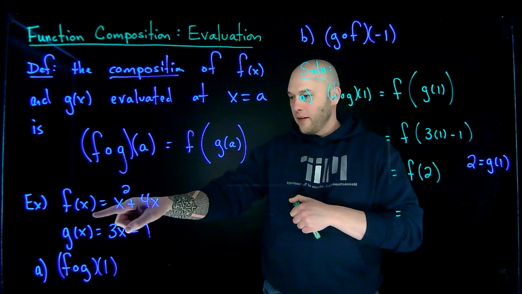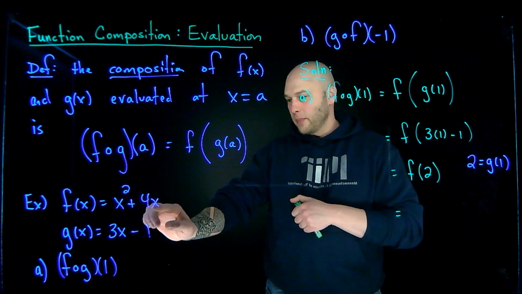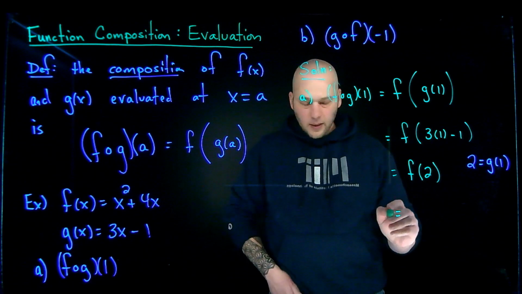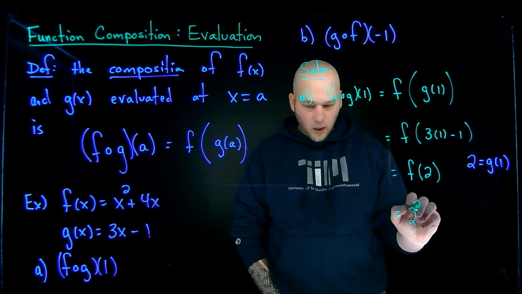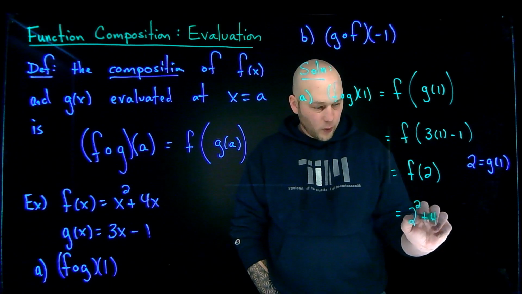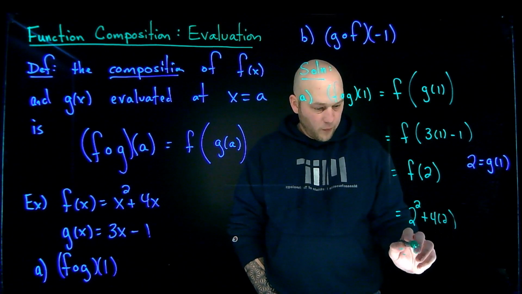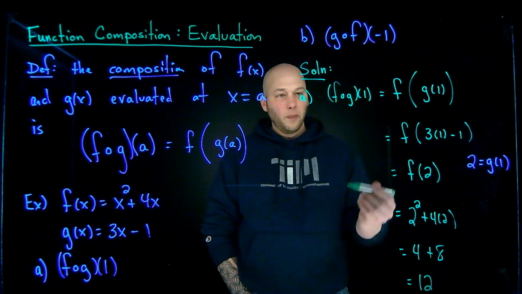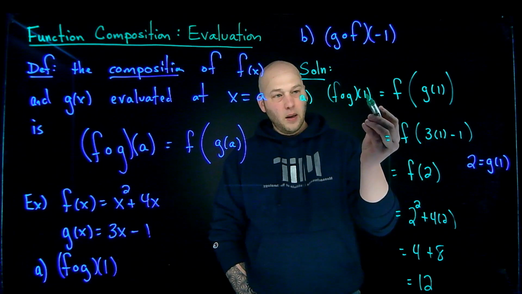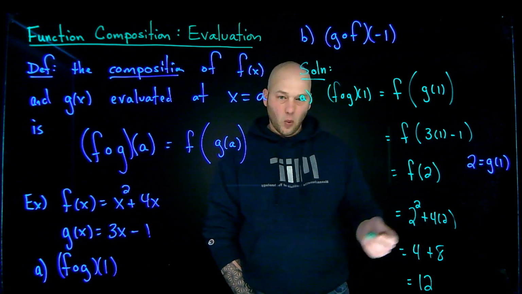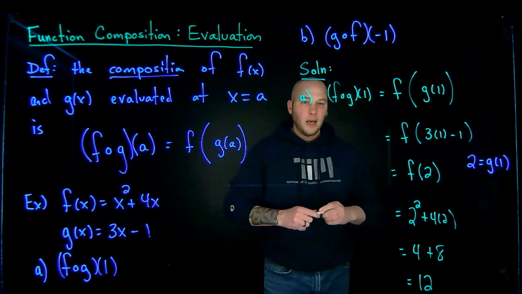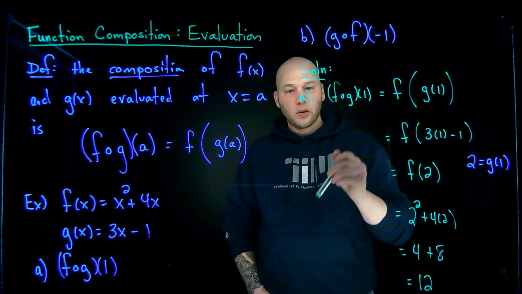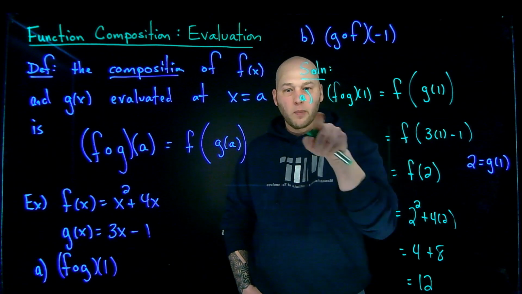And the function f takes an input and squares it, and then it multiplies the input by 4 and then adds those two results together. That said, I'm going to get 2 squared plus 4 times 2, which would be 4 plus 8, which is equal to 12. So if I plug one value in, of course I get one value out because it's a function, and we do it by using composition, one function at a time. Notice I started on the rightmost function and I work my way to the left.